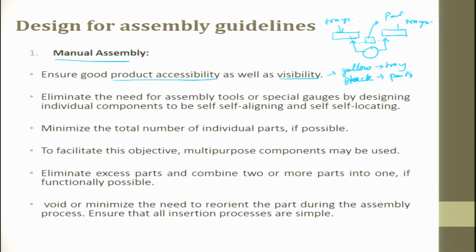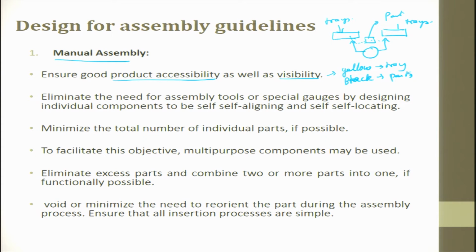The second thing is to eliminate the need for assembly tools or special gauges by designing individual components to be self-aligning and self-locating. That means when there is a slot and I drop a part, the part has to orient itself, align itself and locate exactly at the point where it has to be placed.